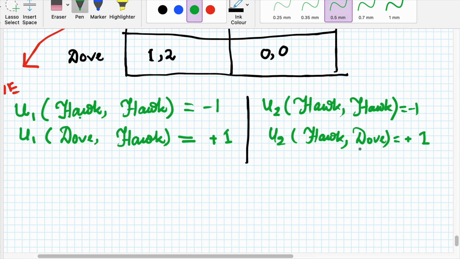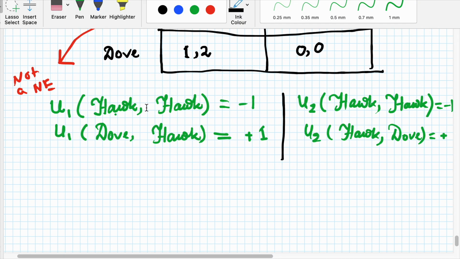So player 2 also always wants to change strategy from hawk to dove.